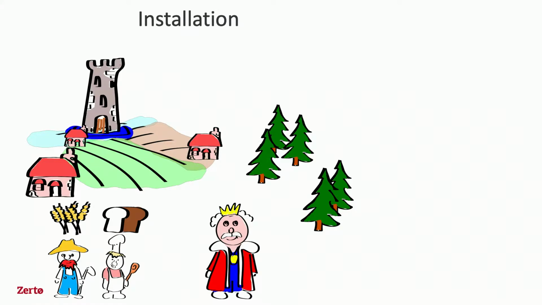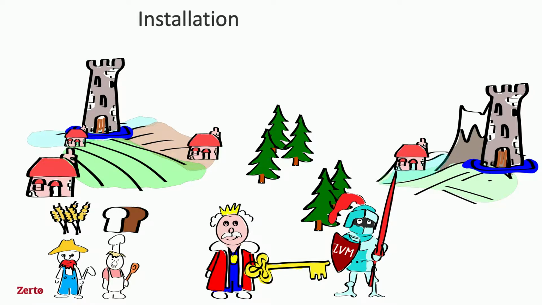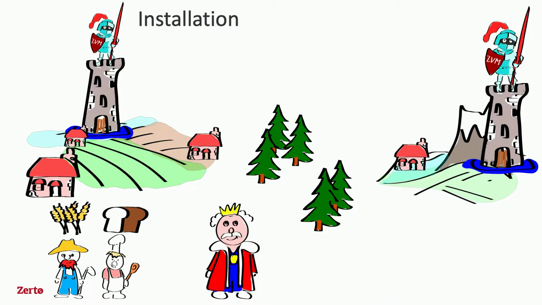So we have a plan, and the king happens to have another castle up there in the mountains. It doesn't have to be as big as the other one. This one has only a single host, but it's a secure place, it's another place, and we can call upon our knight, give him the keys, deploy the ZVM on both castles, on both ends, have the ZVM deploy VRAs, which are designated VMs that we put in each and every host, both on the recovery and the protected site, create some sort of designated storage on the recovery site, copy the resources.